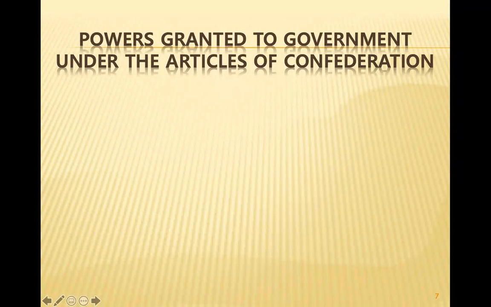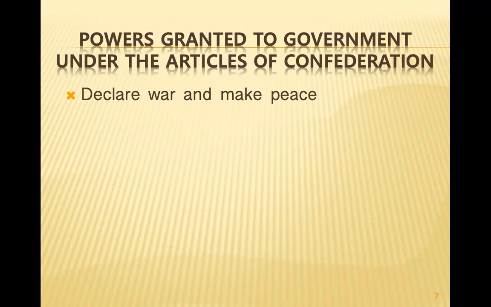So, what powers did the Articles of Confederation grant Congress? Well, Congress could declare war and make peace, because this was of immediate concern, considering the fact that they had already sent a breakup letter to Great Britain, and we were already in the midst of a war to try to get our independence from Great Britain.